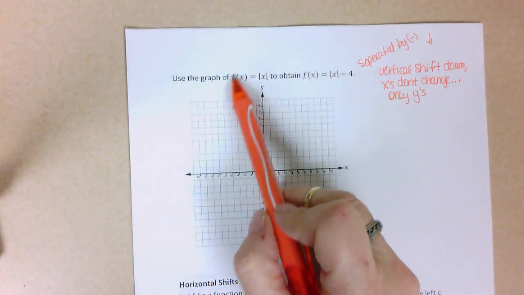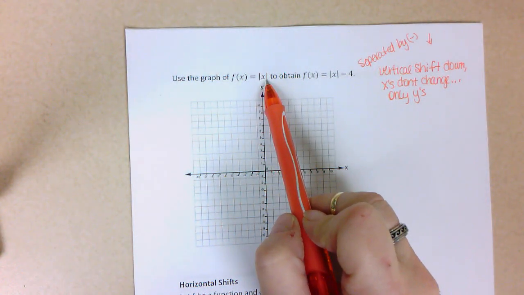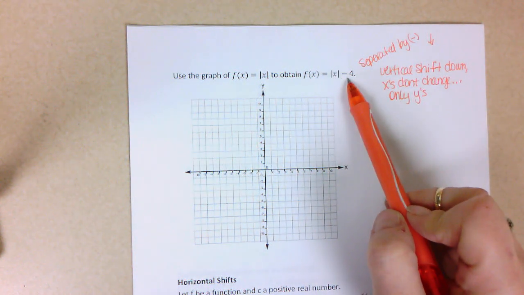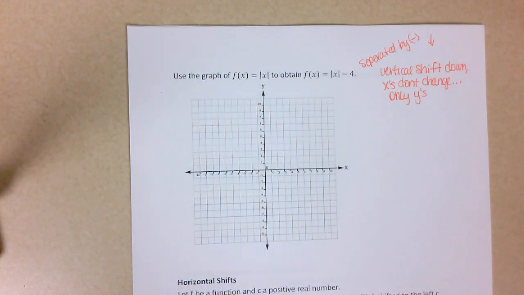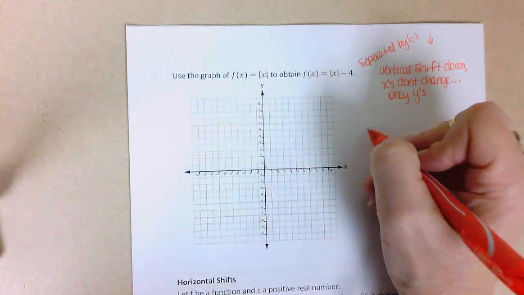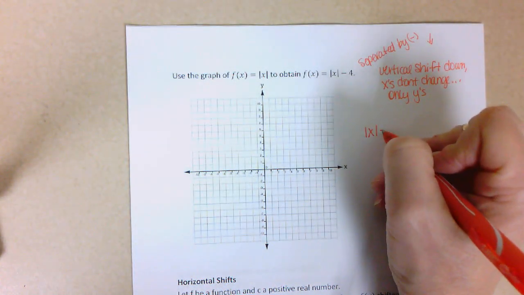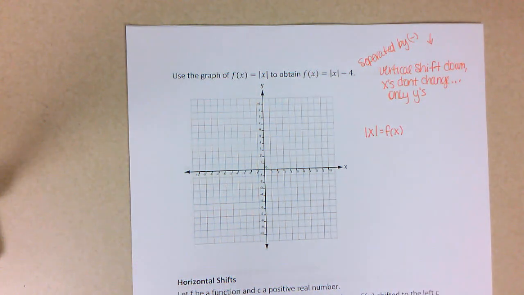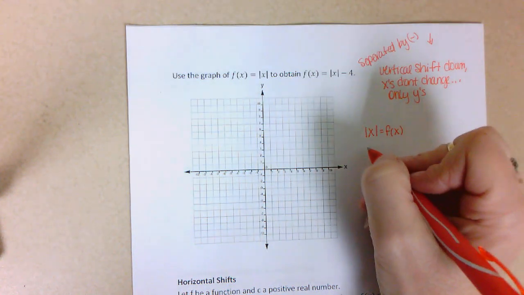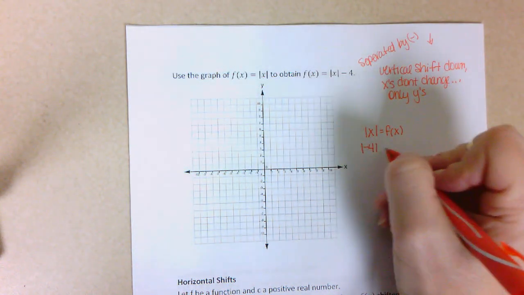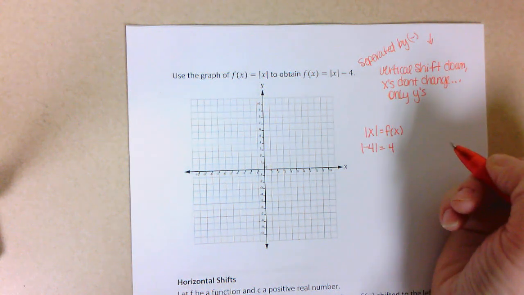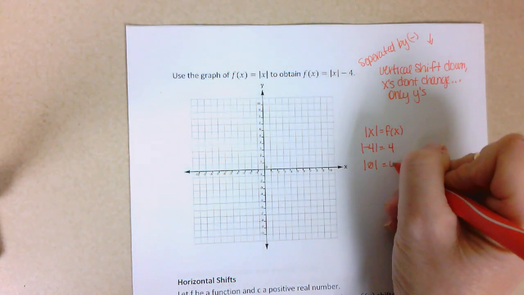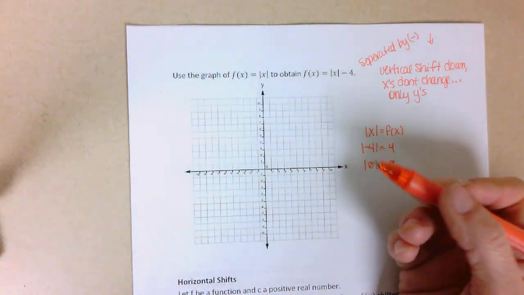So we have f of x equals absolute value of x, and then the second one is f of x equals absolute value of x minus 4. So we could graph both of these. So if we have absolute value of x equals f of x, we know that if we plug in a negative 4 here, absolute value of negative 4 gives us a positive 4, right? And we plug in absolute value of 0, well, that's going to give us 0. I'm just picking some points so we can see the graph there.